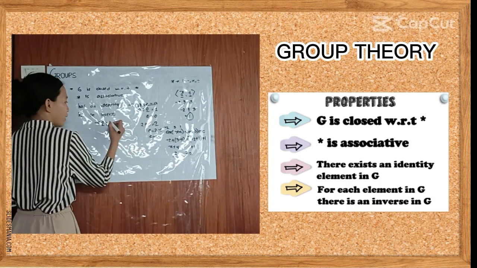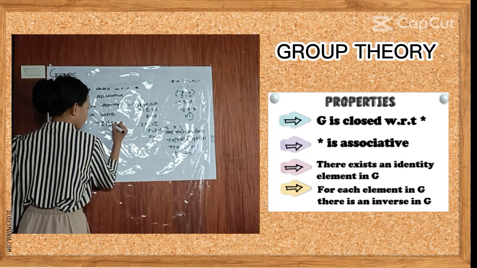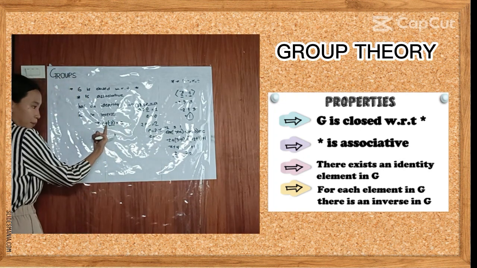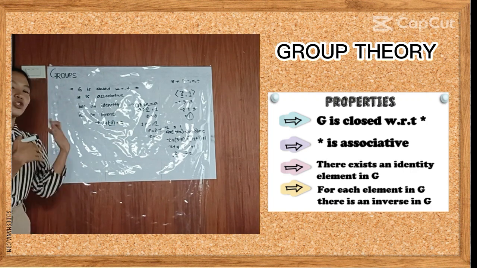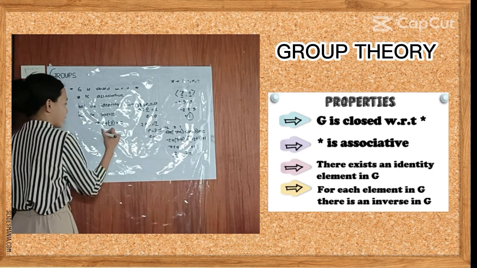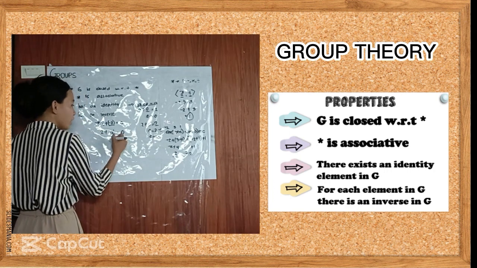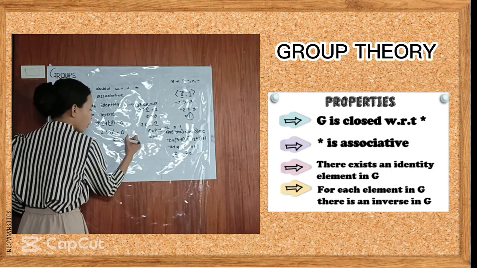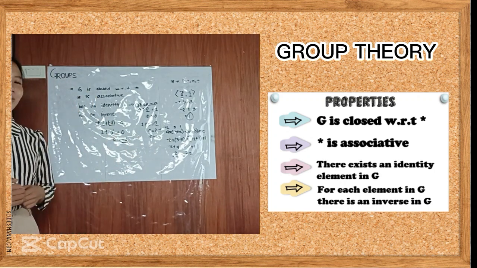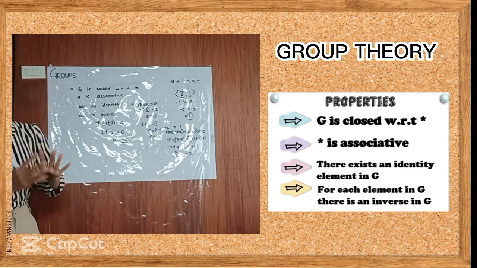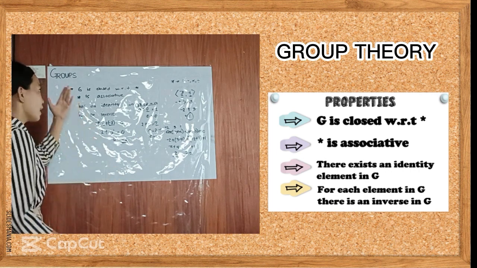It is, let's say, negative 2. 2 plus negative 2 is 0. In short, we can get the inverse by doing this: 2 plus A prime is equal to 0, where A prime is equal to negative 2. Therefore, our answer is negative 2. So those are the 4 properties so that we can say that a set is a group.